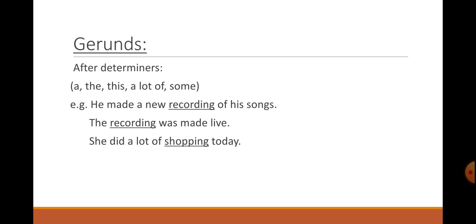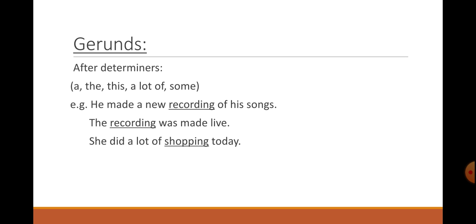Now in this example, recording is the gerund, that means V1 plus ing form, and it is used after the determiner a. Let's see the second example. The recording was made live. Now in this example, recording is the gerund, and it is used after the determiner the.